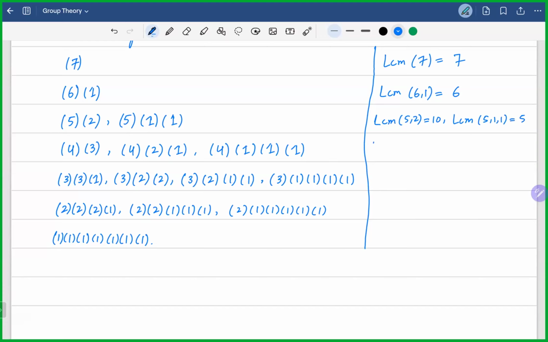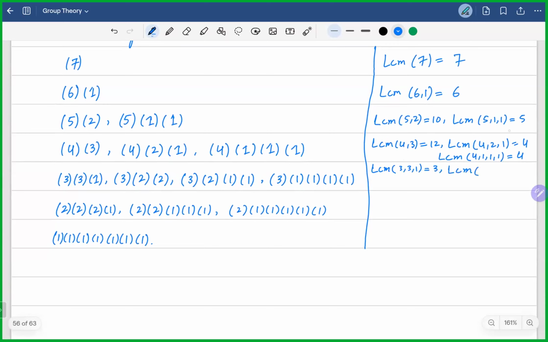And then LCM of 4, 3 is 12. LCM of 4, 2, 1 is 4. And then LCM of 4, 1, 1, 1 is 4. Right? And then similarly, LCM of 3, 3, 1 is 3.